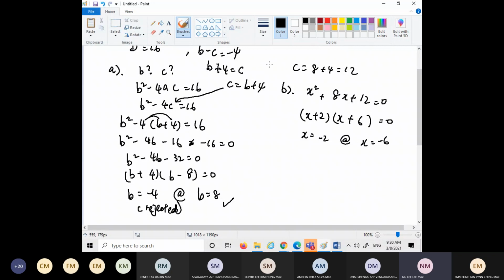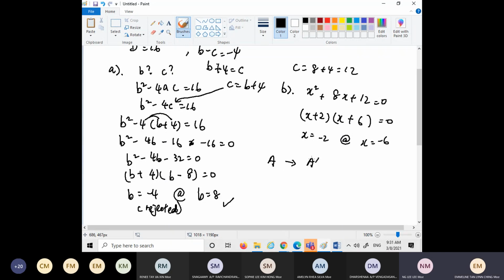Okay, this word is corresponding. You remember you learned transformation already, in your modern maths? Yes. You remember this word, corresponding point? Like your object A, after the transformation, you map to A prime, you remember?